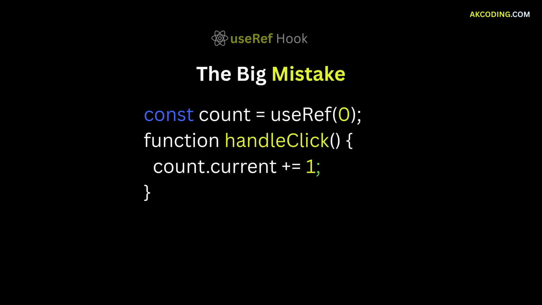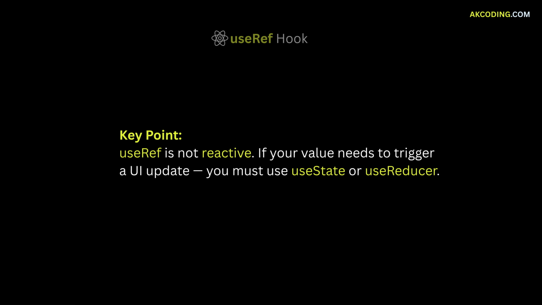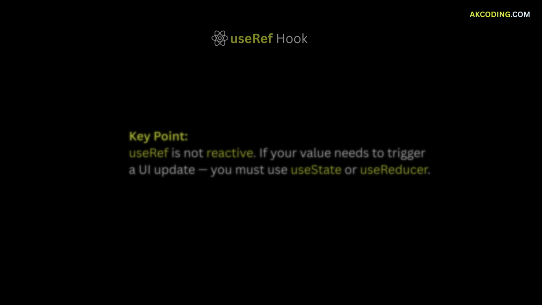The UI doesn't re-render when count.current changes. That means your user interface is stale, and that is dangerous for most applications. The key point: useRef is not reactive. If your value needs to trigger a UI update, you must use useState or useReducer.